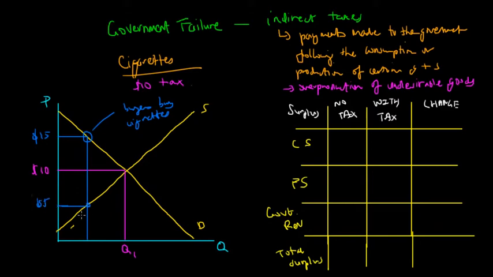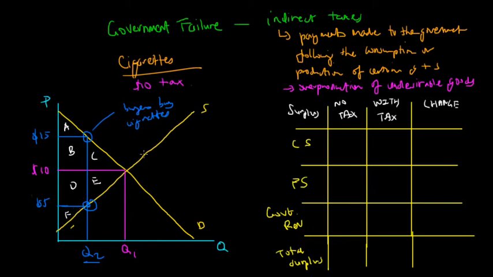Because producers don't allocate their resources efficiently so that profits are maximized, they would only produce a quantity at Q2. So we can separate these triangles into different areas. Let's call this area A, and let's use white to make it more visible: A, B, C, D, E, and F.